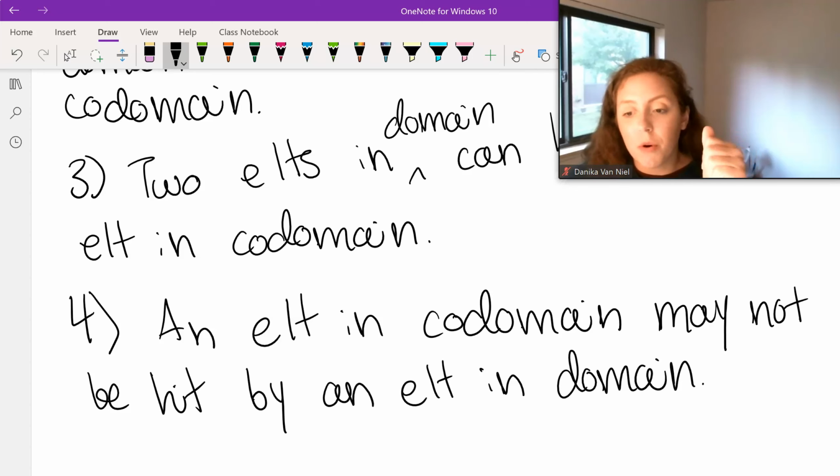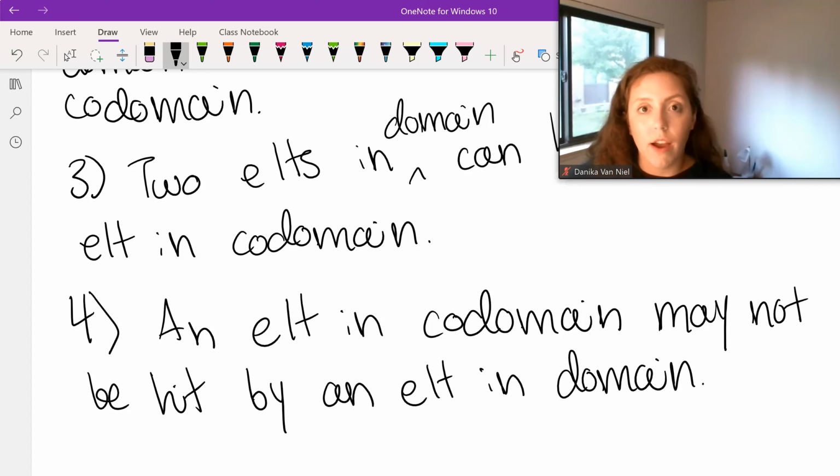So I really want to emphasize that when you're defining a function, it's not enough to just define what the rule is. You also have to specify what the domain and the codomain are, because those could really screw stuff up.